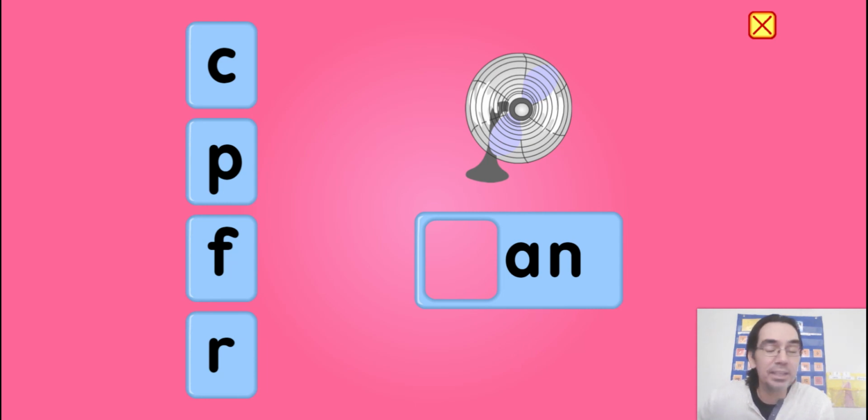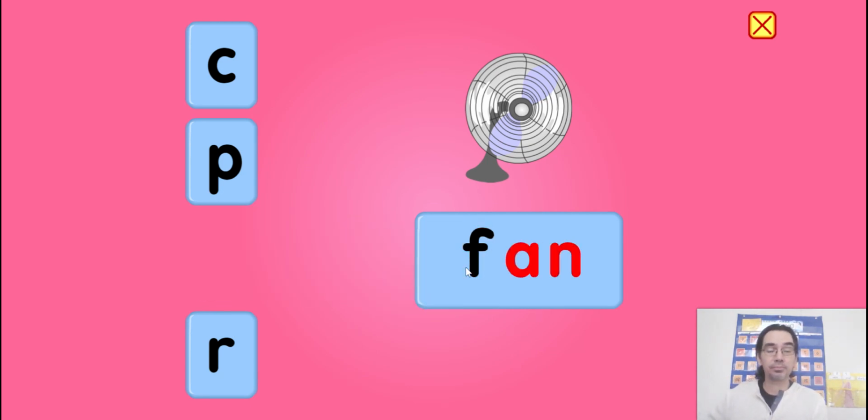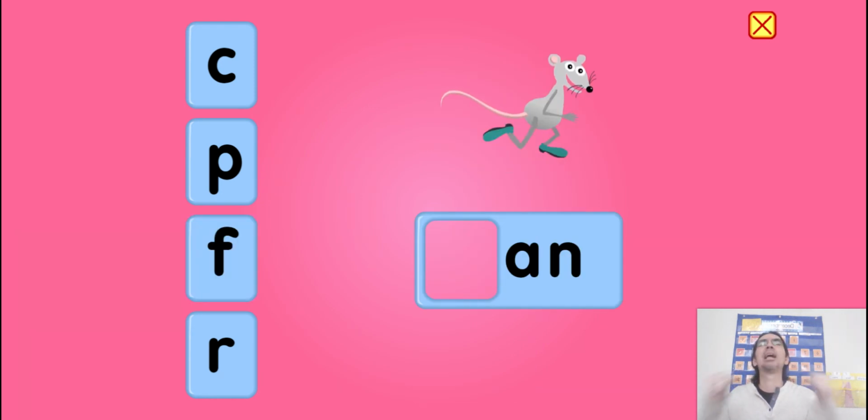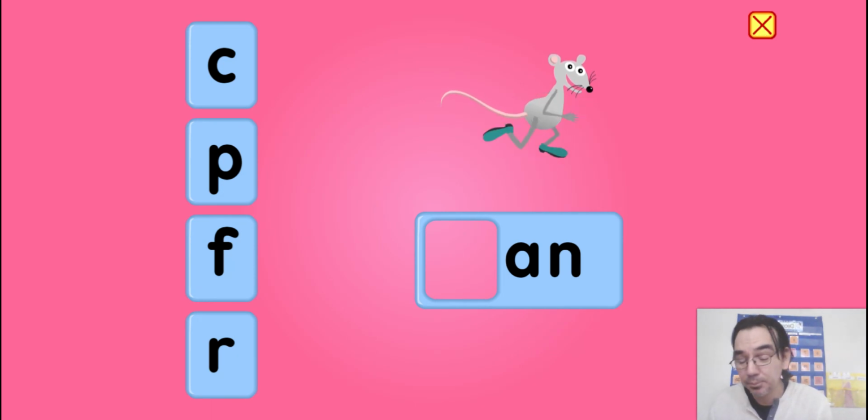And okay, now these ones you have to click and drag. An, fan, ran. Okay, and so those are some little games to help us out with identifying the initial sound.